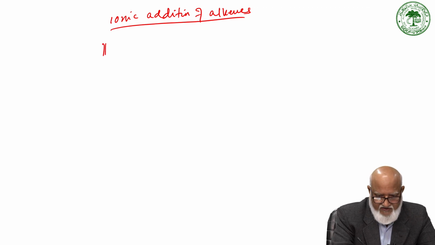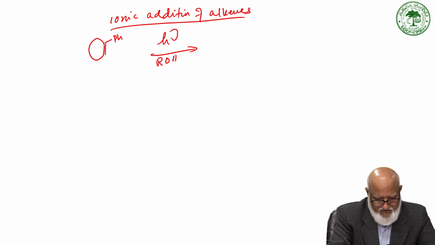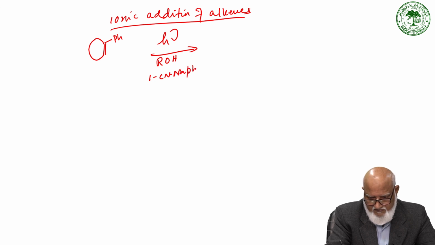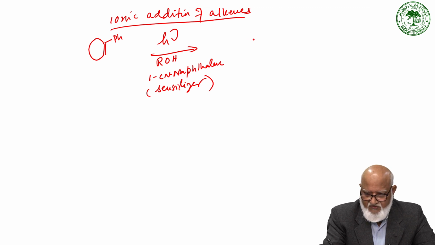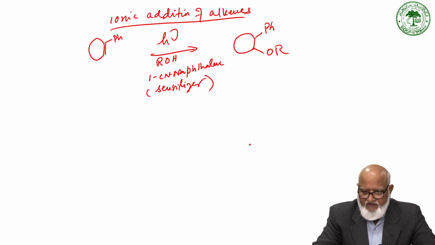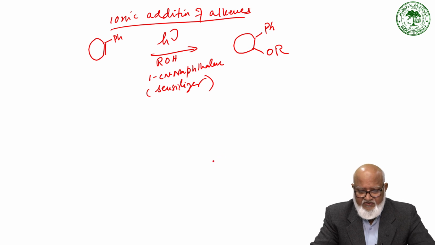So if we have a system like this, a 1-phenyl alkene, under photolytic condition, h nu, in a protic solvent, with 1-cyanonaphthalene as a sensitizer, it undergoes addition across the double bond.